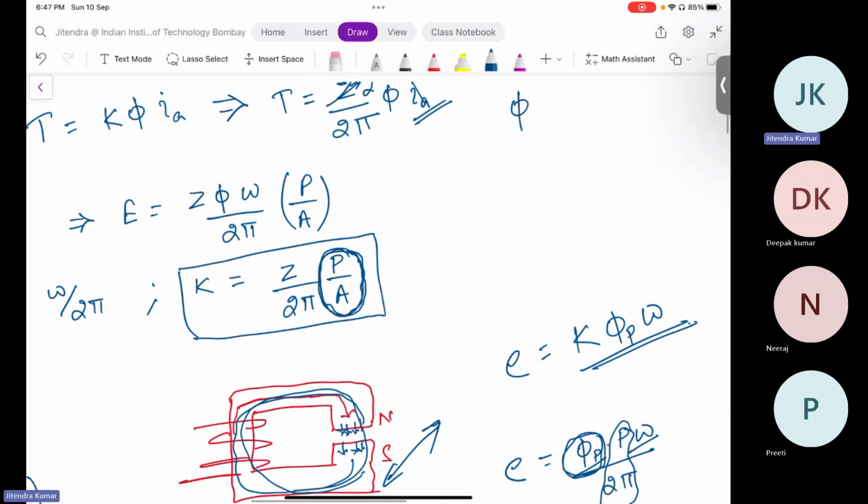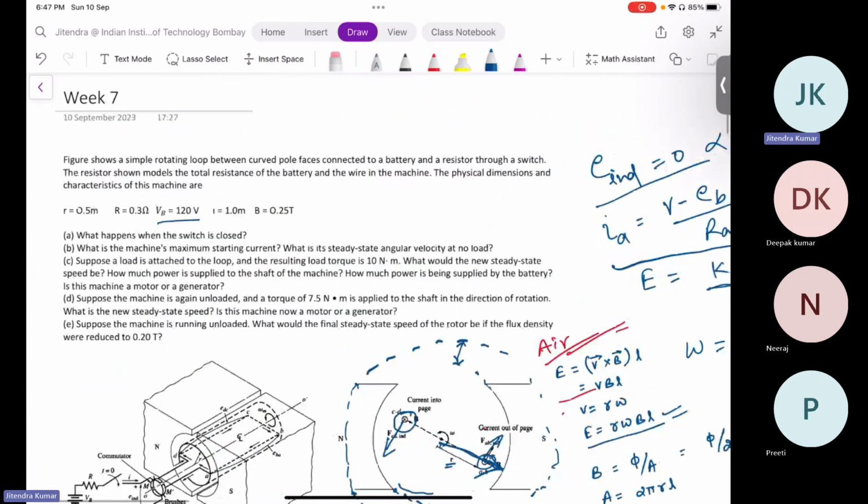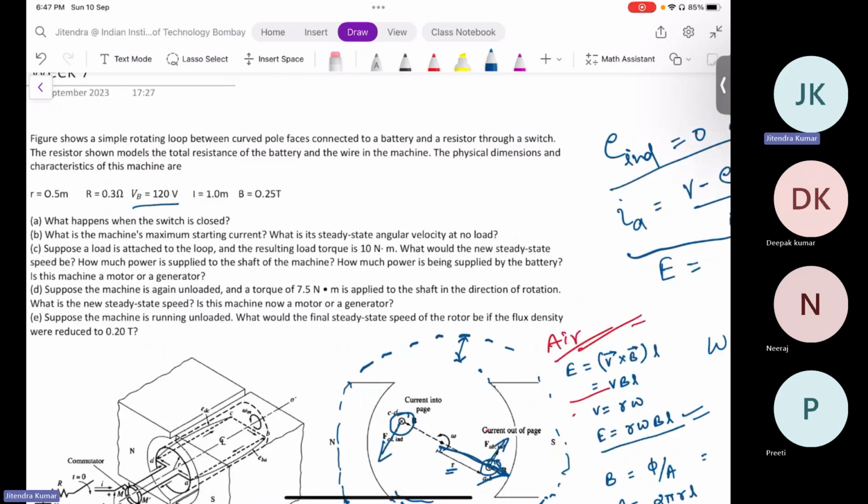So the major thing is to find the value of flux per pole. How to find out the flux per pole? What data are we given to find the flux linkage, sorry, flux per pole?